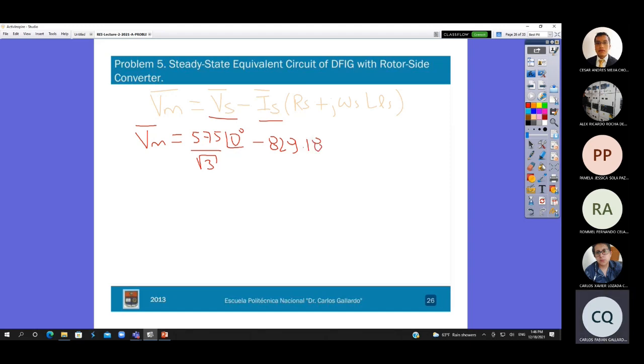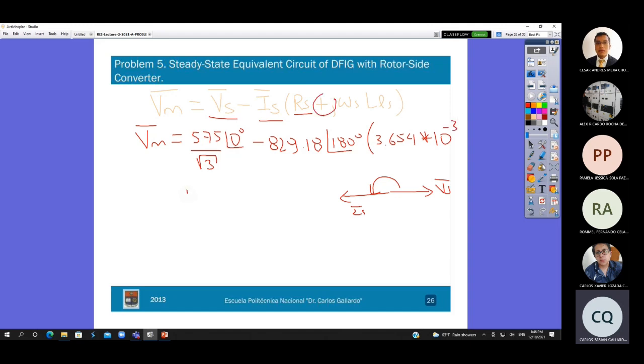Because I am working with a subsynchronous mode of operation, this is the stator voltage and this is the stator current, so this angle is 180 degrees, times the stator resistance, which is 3.654. I am using the conversion factor 10 to the negative 3 in order to have ohms.